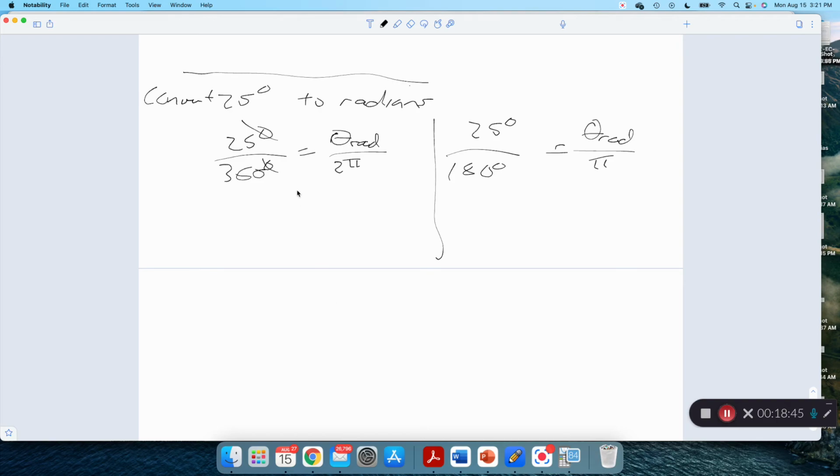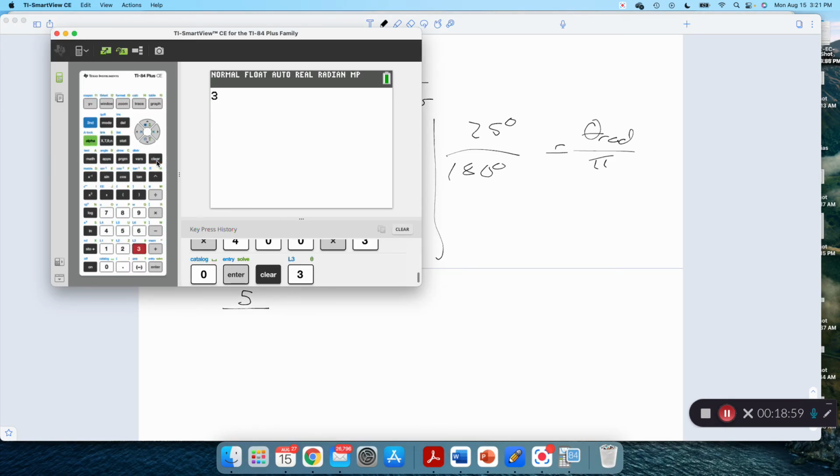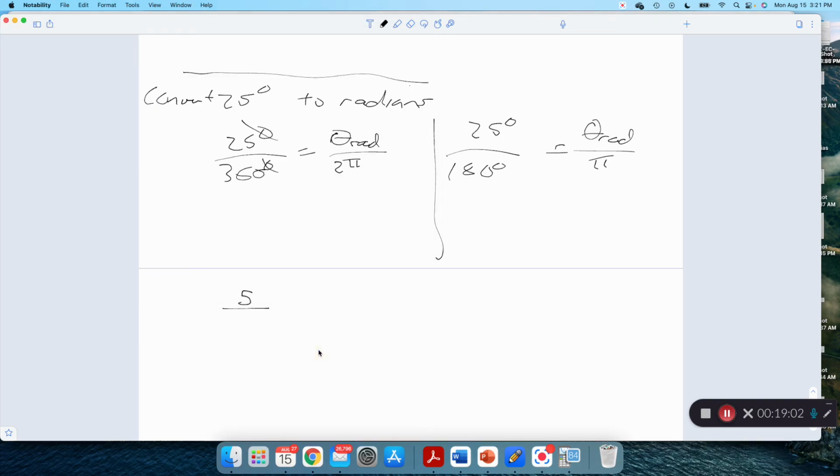The degrees cancel. Let's see, 5 goes into top and bottom. So 5 goes into 25 5 times, and 5 goes into 360 72 times. And that's my angle in radians.